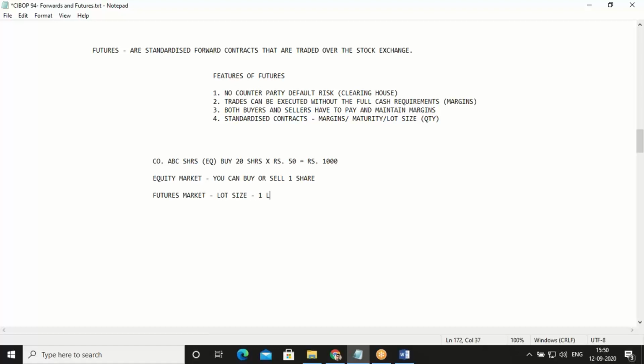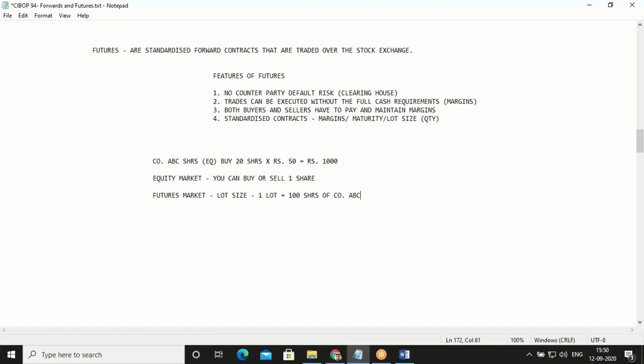One lot will equal, let's say, 100 shares of company ABC. So this is the distinction between lot size and quantity. It is basically quantity only, but in the futures and options market, we call it lot size.